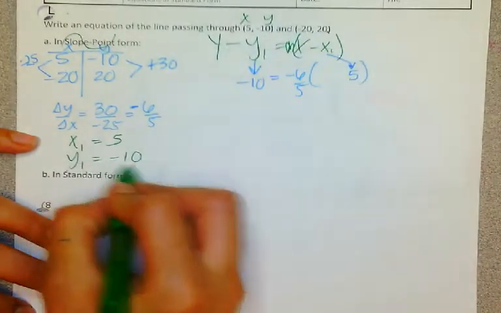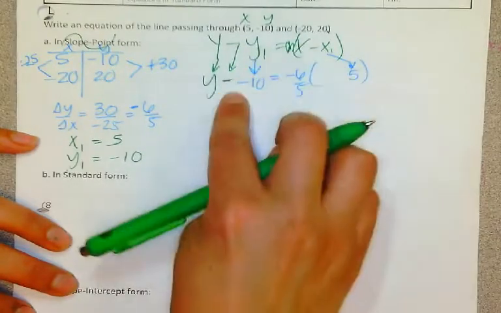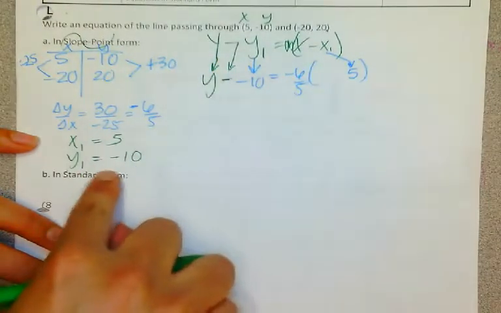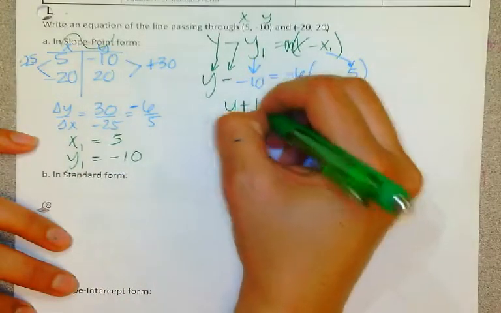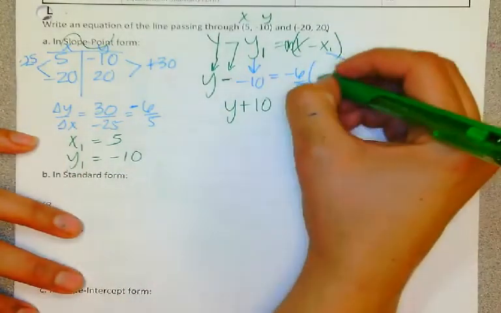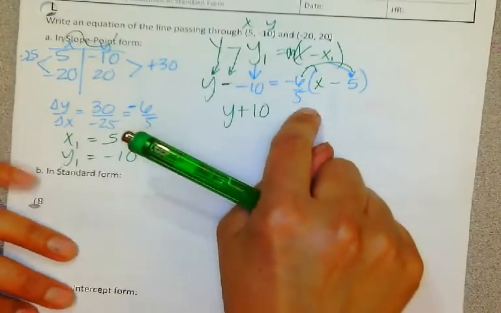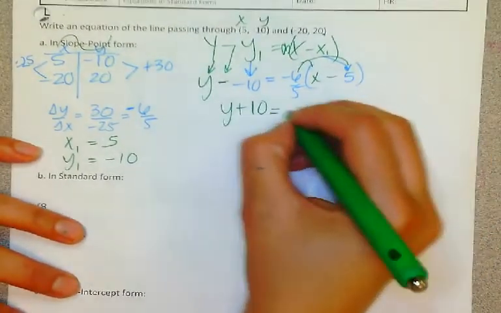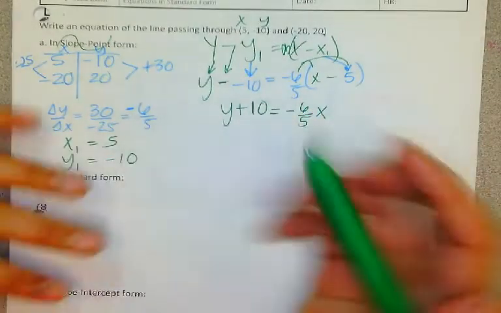Every time you have a negative, you'll notice that with the formula, you'll end up with the double negative, because the formula has a negative, and that one had a negative. So there's 2 of them, and this simplifies into a positive. Over here, we distribute. Negative 6/5 times x is easy because it's a variable times a number, so you just put them together.